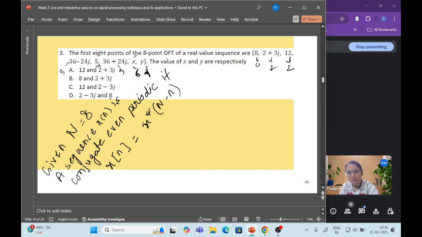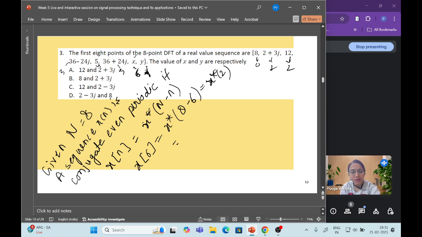We already have 0 to 4, five points. Positions 6 and 7 we need to calculate. At the 6th position, whatever value comes is x. So first we calculate x of 6, which is x conjugate of 8 minus 6, that is x conjugate of 2. Whatever is at position 2 will be conjugated.